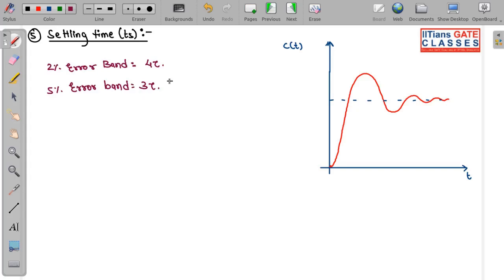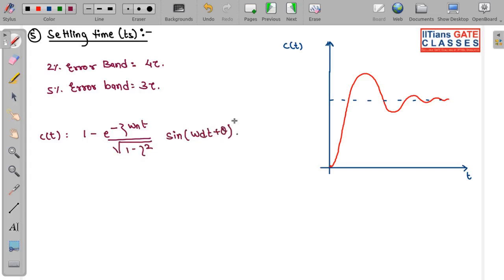Here I am not discussing this anymore. For settling time, if you have to derive this, I will show you. C of t is equal to 1 minus e to the power minus zeta omega nt divided by root of 1 minus zeta square, sine omega dt plus theta.